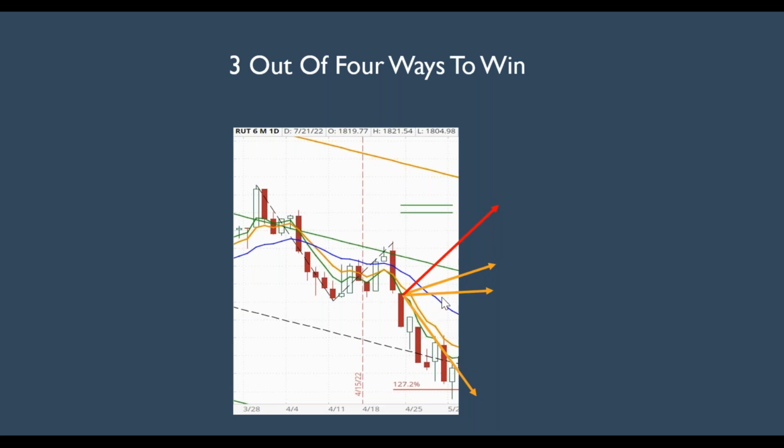If it goes sideways, we're going to profit. If it goes slightly against us, we're going to profit. The only time we're going to lose is when it goes up into this area relatively soon. And, you know, when I put out my trades, I will put out an alert to exit well before something like this happens. We also never take it all the way till expiration.